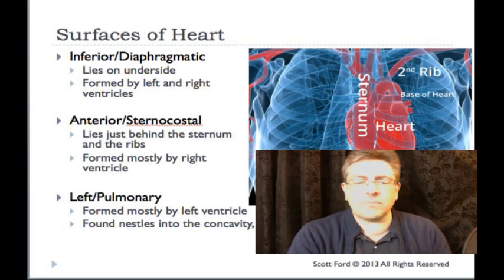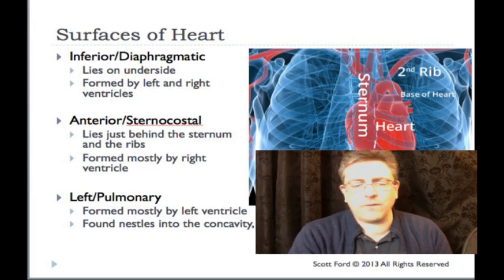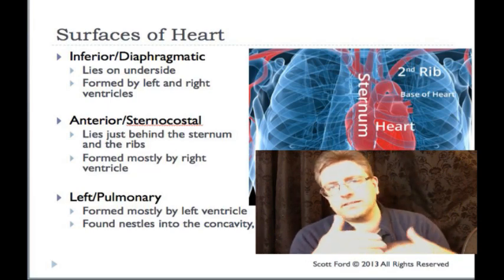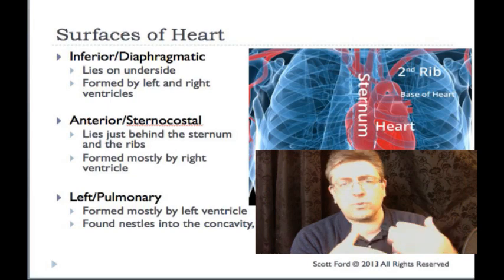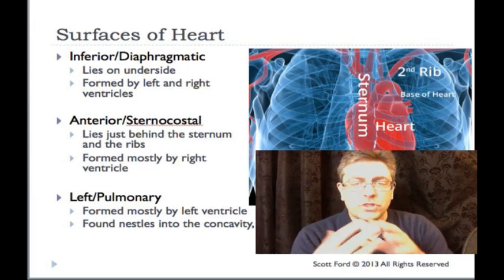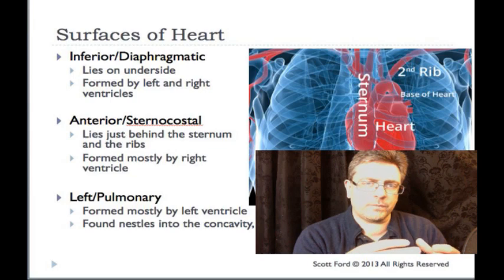And then we have the left pulmonary surface, which is formed mostly by the left ventricle, found nestled into the concavity, the cup formed by the left lung. When you start to take a look at the respiratory system, what you're going to notice is that the right lung has 3 lobes, while the left lung has 2 lobes.